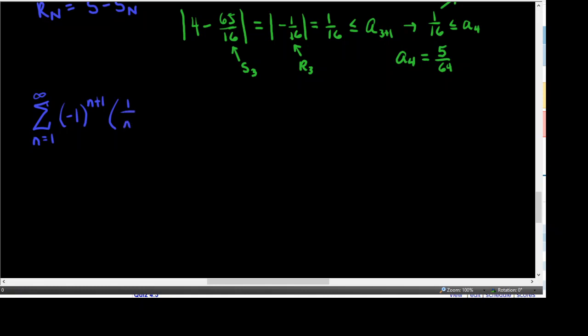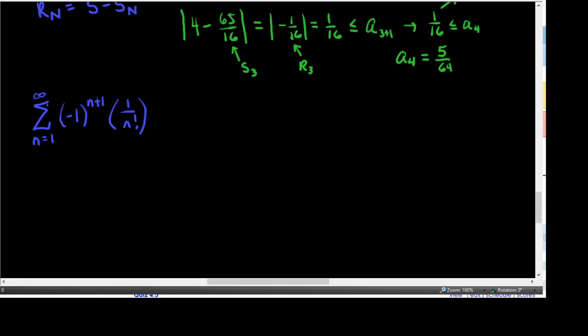Of course, this one does not produce a geometric series, because if it were geometric, it would be -1 to the n plus 1 times r to the something. And r is a number, and 1 over n factorial is not a constant. So that's not going to be geometric.